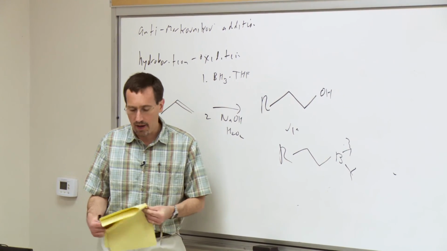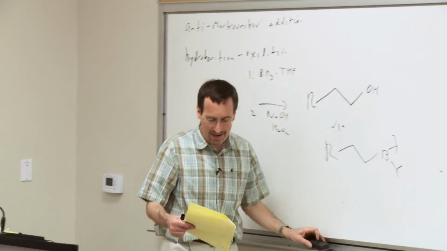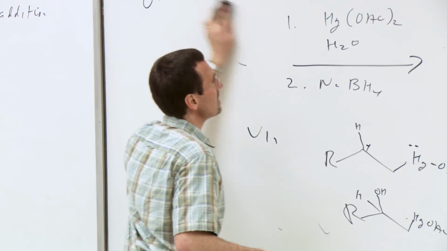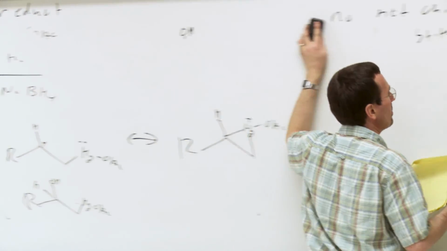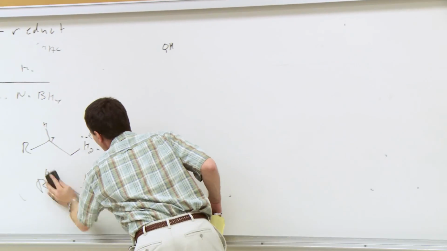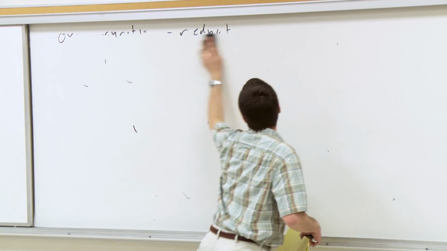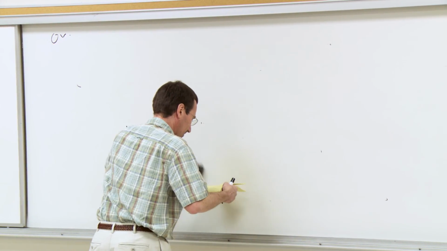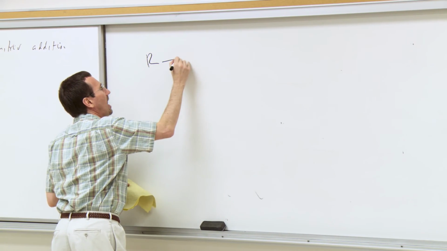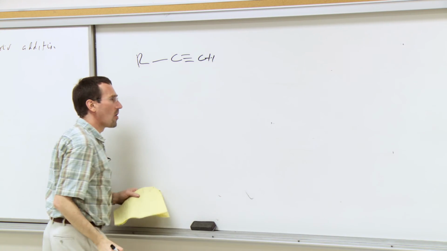All right, so the last reaction that doesn't involve a net change in oxidation state that I want to show you is just the hydration of an alkyne. And so we'll take a look at a terminal alkyne like so.